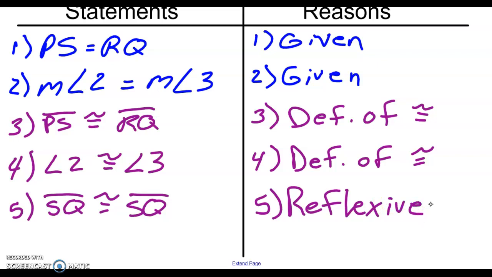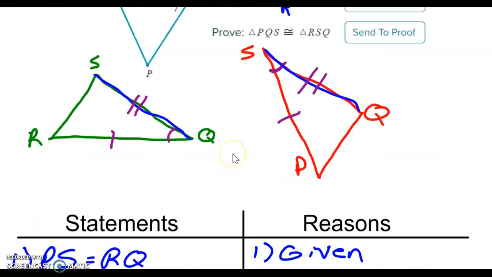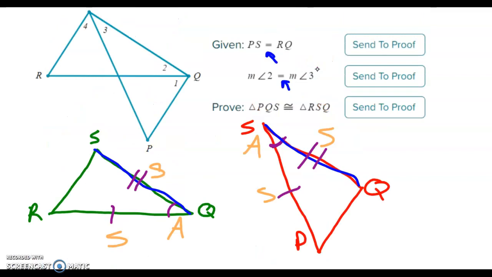Okay, and then to finish up, we'll go up and check out what order we're looking at here. We have a side, we have an angle sandwiched in the middle, and we have another side. So not necessarily all going to be angle, angle, side, or angle, side, angle today.